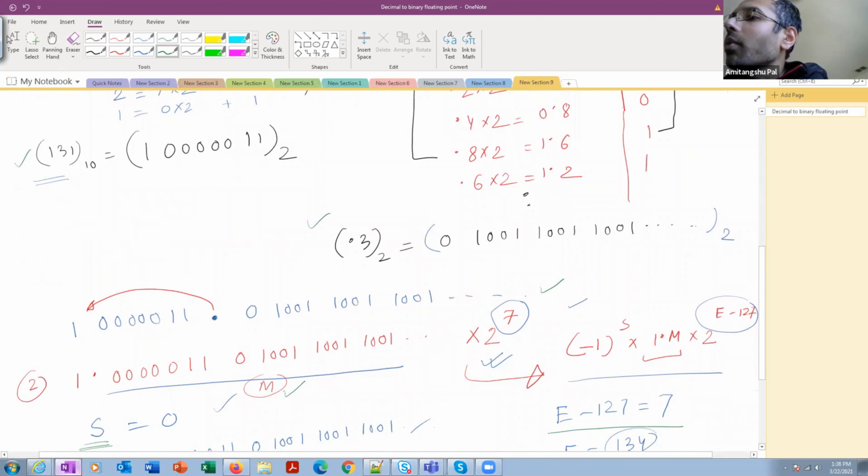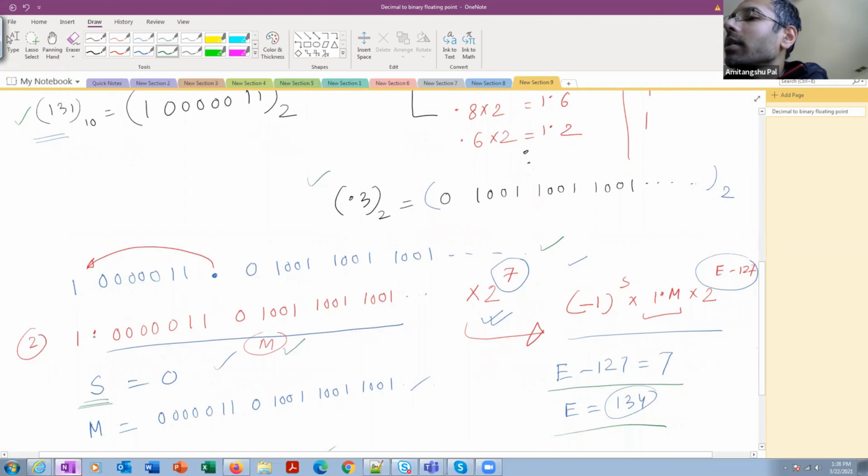Next, you move the point from here to here, and every time you move it one bit to the left, you multiply by 2. So here I moved 7 bits to the left, so I'm going to multiply by 2 to the power 7. After writing in 1.m times 2 to the something format, I get the mantissa and the exponent, and as it is a positive number, the sign bit is 0. If it is a negative number, the sign bit is going to be 1.